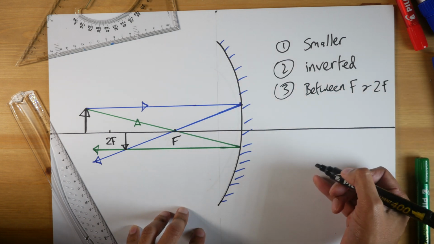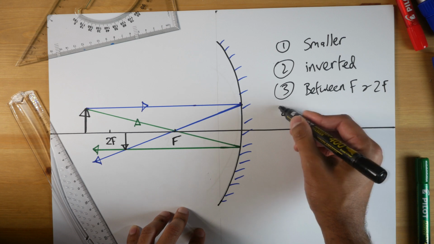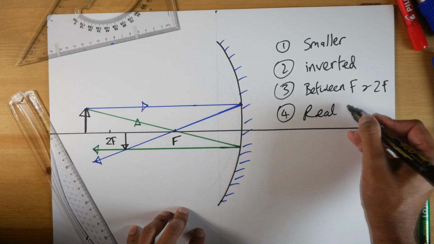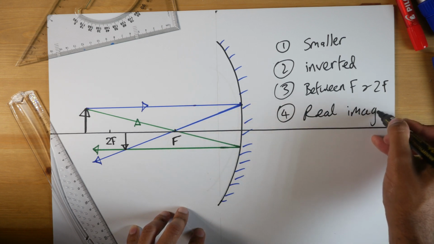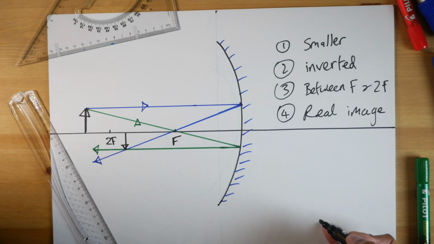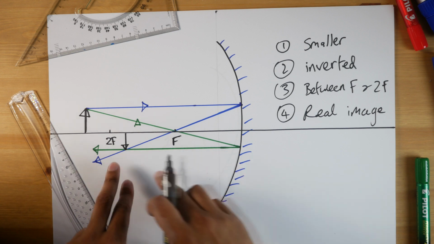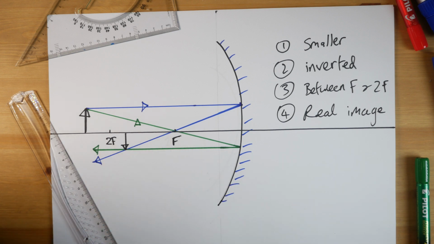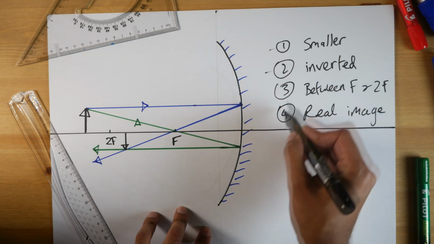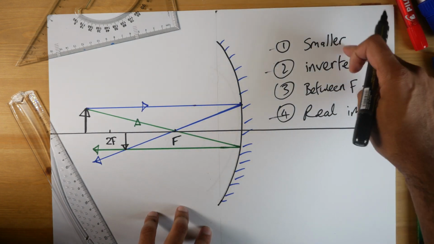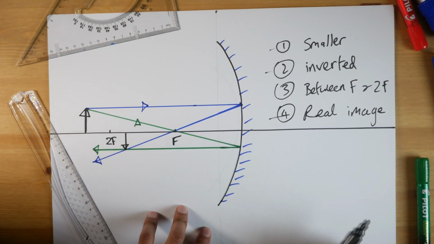Okay. And we can also say that it is a real image. Okay. The reason why we say it's a real image is because it's made out of real light rays. Okay. So if I was to give the actual properties of the image, usually I would just pick this one, and this one as my three properties of the image.